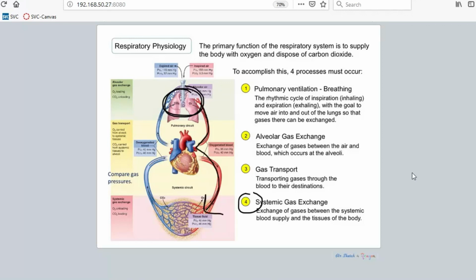Well, then those gases, in particular oxygen, are taken to the systemic tissues, to the cells of the body. And we need to drop off that oxygen to the cells of the body. At the same time, we need to pick up carbon dioxide and take that back to the lungs.